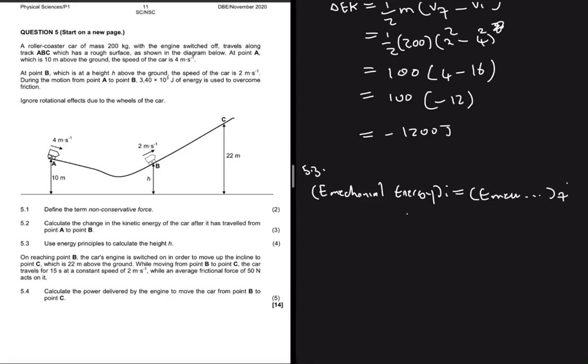The other energy principle is that work net is given by change in EK. Work non-conservative is given by change in EK plus change in potential energy, EP, right? So whenever we have a question that is saying use energy principle, we're going to use one of these 3 equations. If you use any, we are going to get the answer.